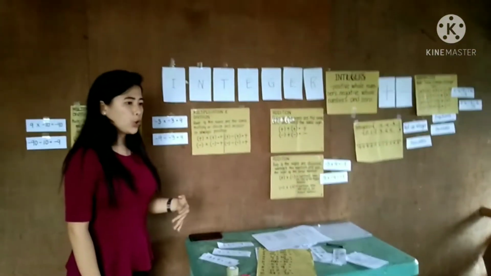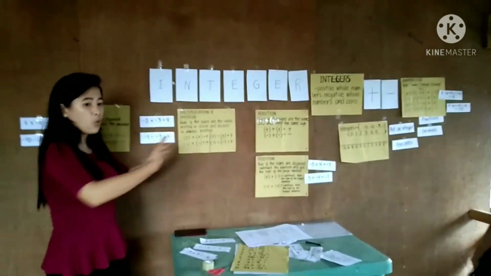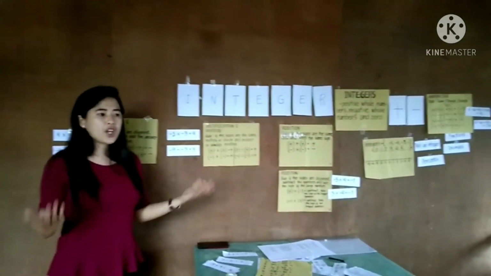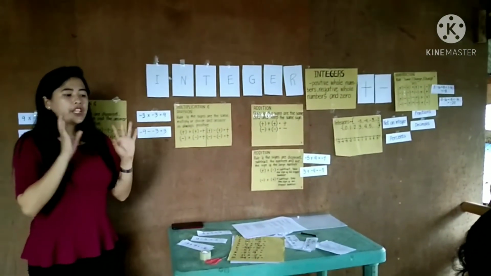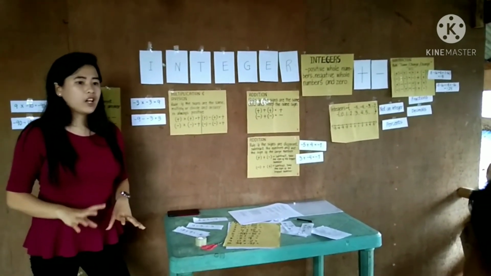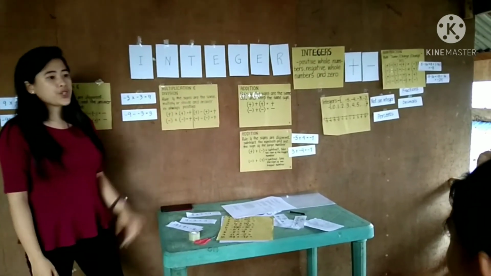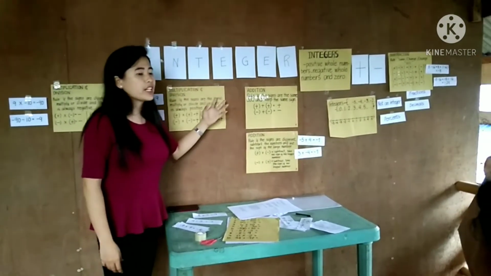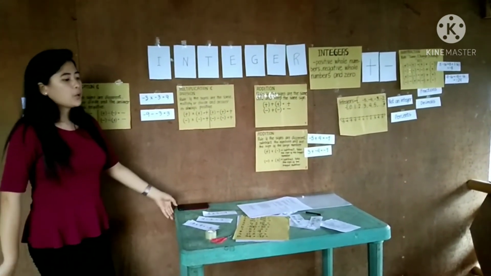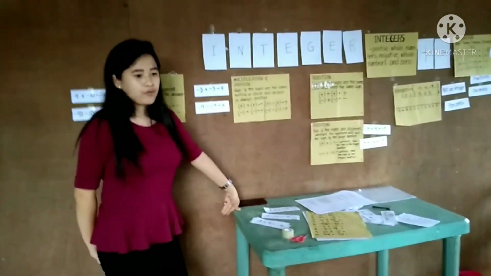If ikaw pod muutang ka sa imuhang amiga, so negative. Ikaw ang mukuha sa kwarta. So naa kay utang sa imong amiga. So those are some of the examples. Now, in your paper, you list down pod sa inyuhang unsa inyong mga experiences that you have encountered integers or some examples sa inyuhang real life situation nga nag-involve of integers. Okay, I will give you 5 minutes to answer it.